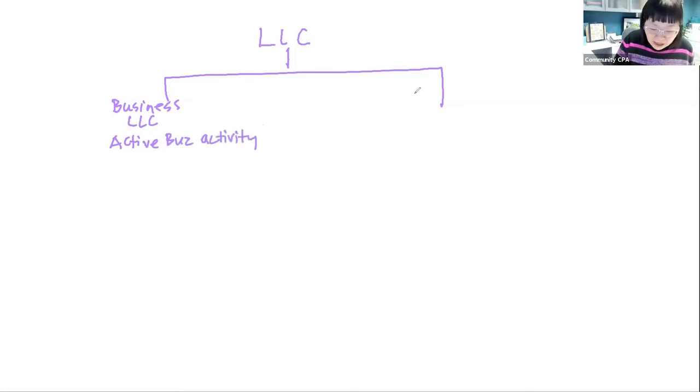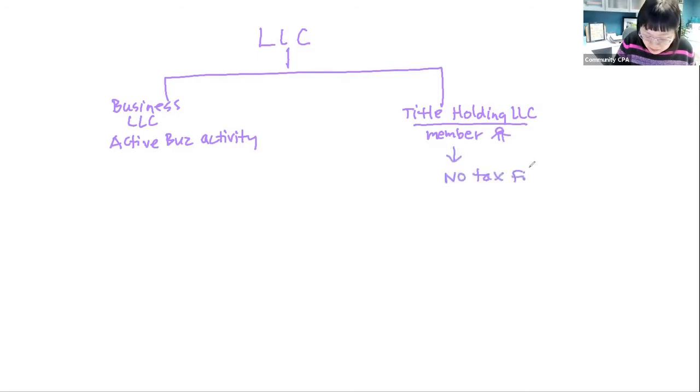The other kind of LLC is what we call the title holding LLC. It just holds the title, does nothing else. And if it holds the title and the member is just one person, then you have no tax filing needs. You don't even need to file taxes because it just holds the title.